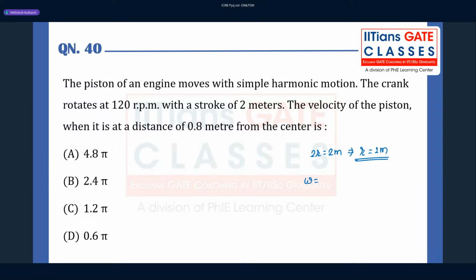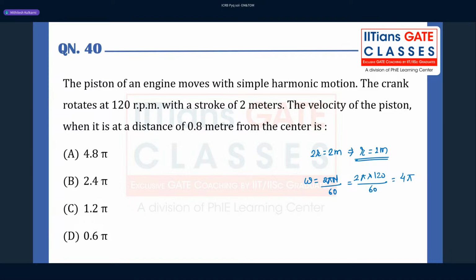Omega is given in terms of RPM. We know that omega is 2 pi N divided by 60, so it will be 2 pi into 120 divided by 60. You can write it as 4 times pi. The answer is in terms of pi, so let's keep it in terms of pi. No need to calculate it in detail.